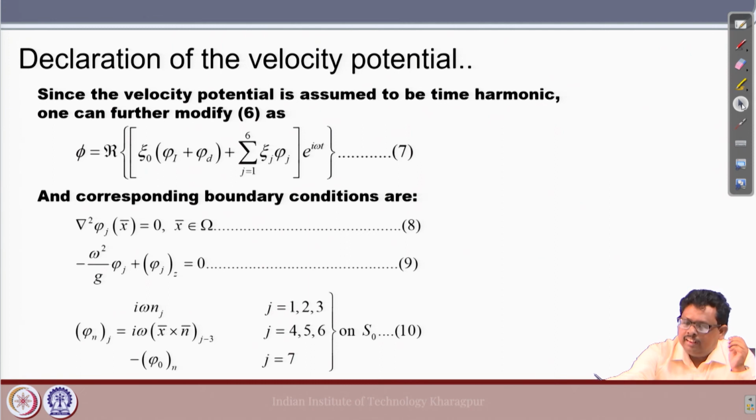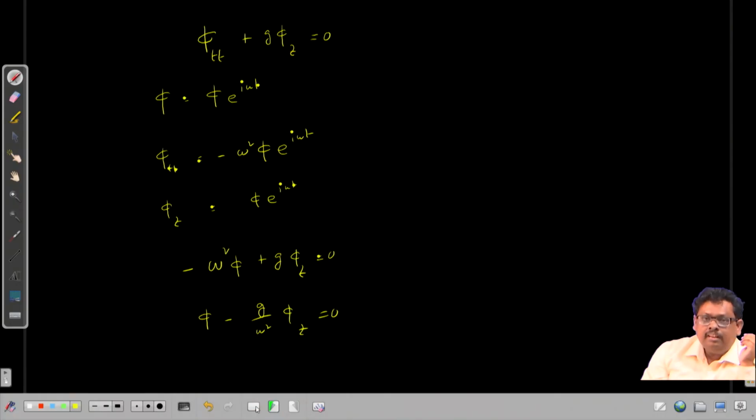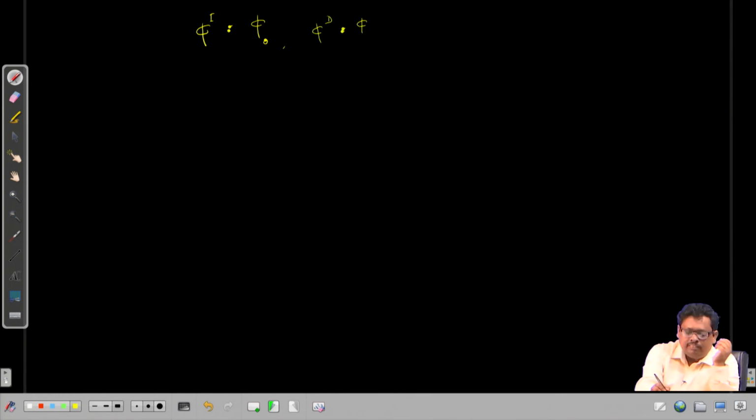But let us see where the indexing is. Here we can call this phi I as phi 0, and the phi d we call, let us say, phi 7. So let us take this.